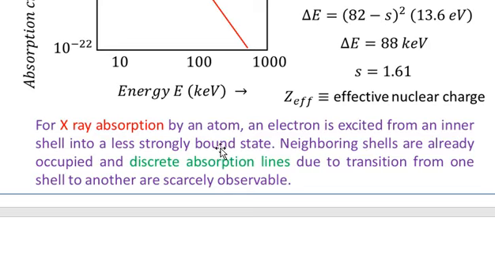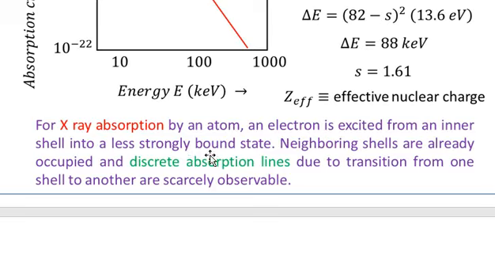For X-ray absorption by an atom, an electron is excited from an inner shell into a less strongly bound state.